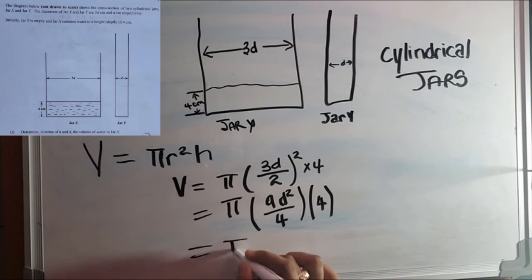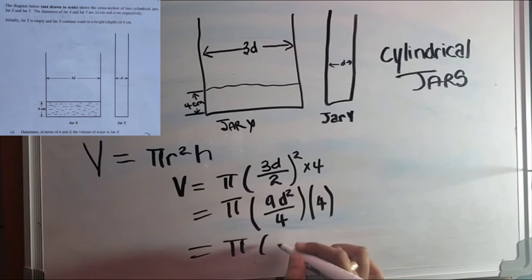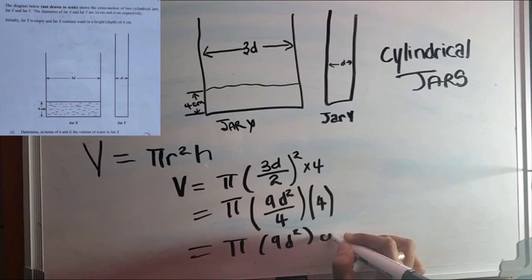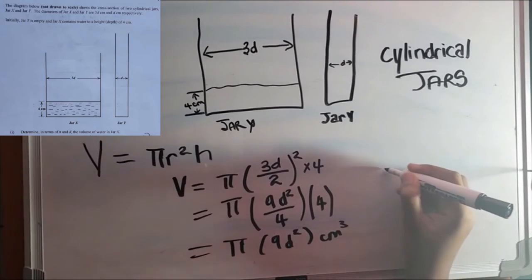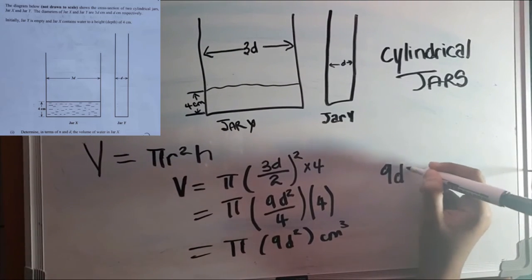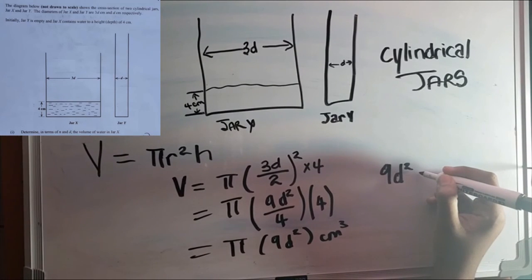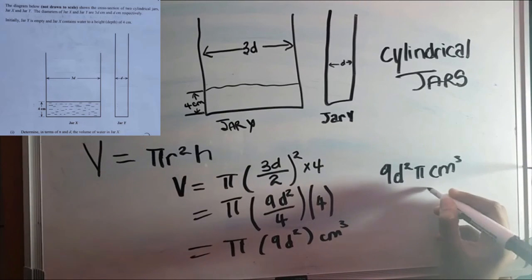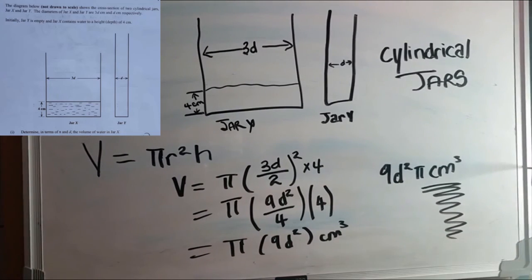That would be pi 9d squared centimeters cubed. I'm going to write this pretty, so that will be 9d squared pi. Do not forget your units, please.